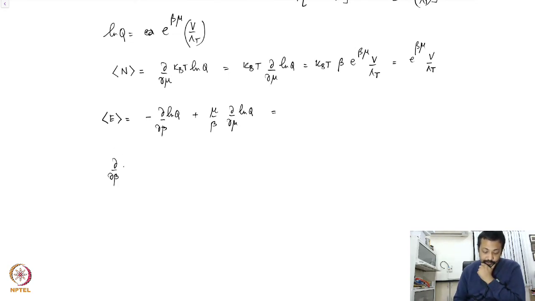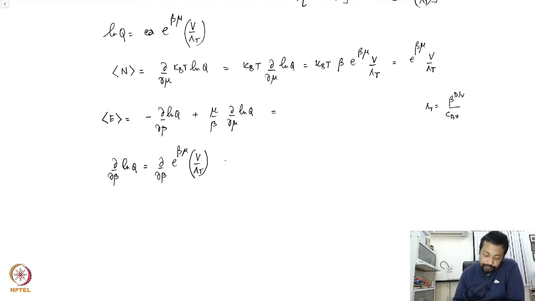Del beta of ln of q is going to be del beta of e to the power beta mu V over lambda_t. Now remember, your lambda_t is also a function of beta, right? So you know that lambda_t was defined as beta over d over nu divided by c(d, nu), correct?